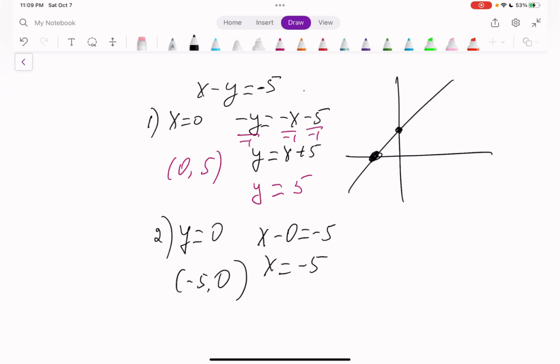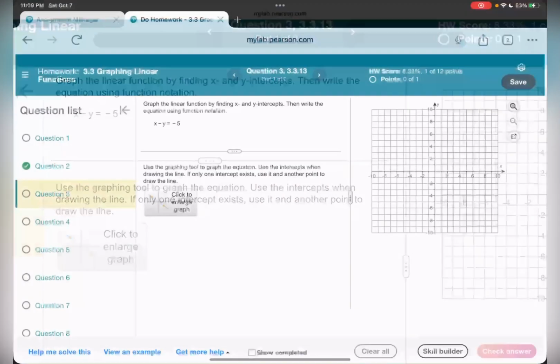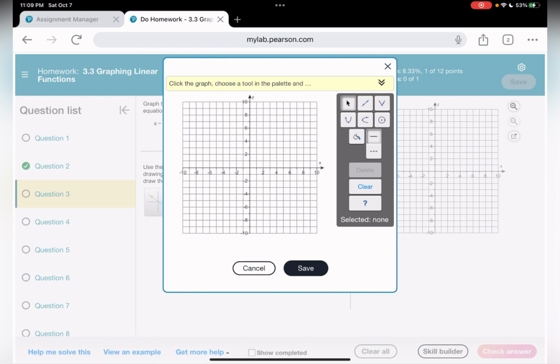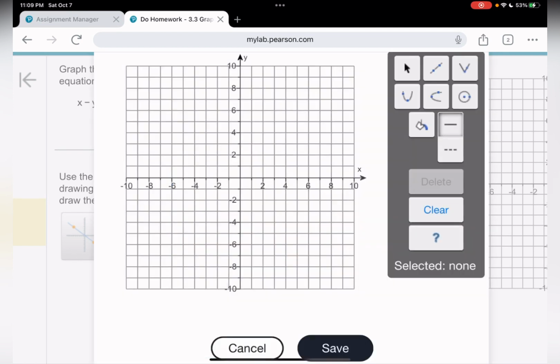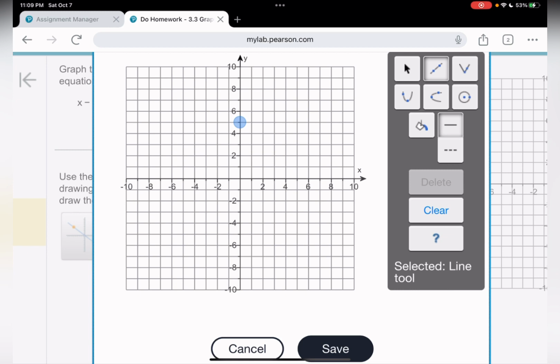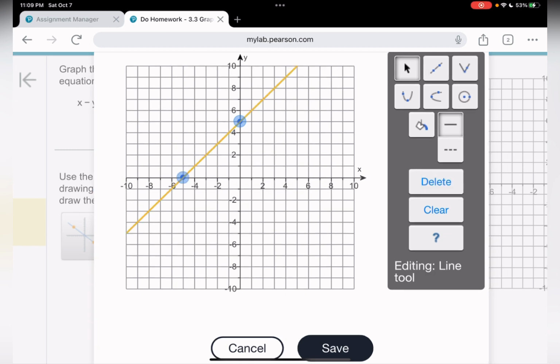So 0, positive 5, and negative 5 and 0. There we go.